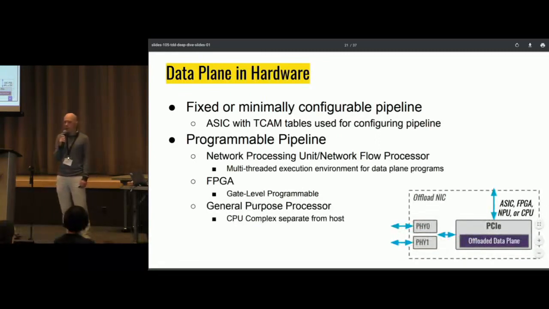Here we have gate-level programming, so essentially you can program the hardware itself, and you can describe at the gate level what the pipeline should be. And then we have general purpose processors, so this would be putting, say, an ARM processor onto the NIC to execute the pipeline. And Andy will get back to the programmability aspects a little later in the presentation.